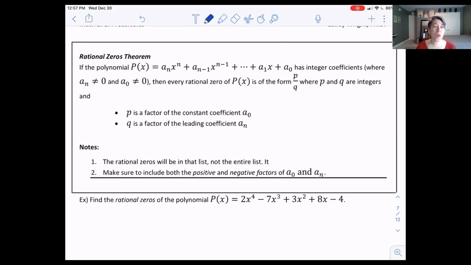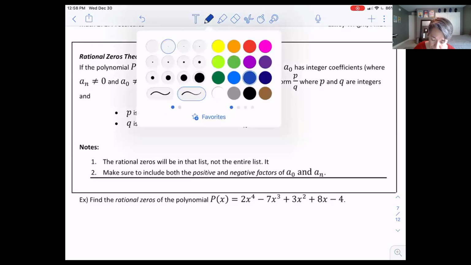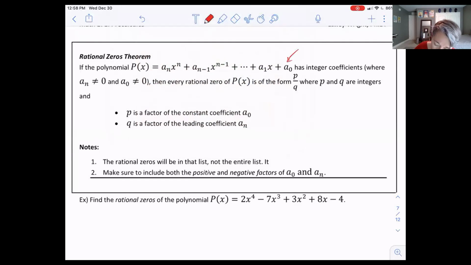So now we have the rational zeros theorem. If this polynomial p of x has integer coefficients, and the first term can't be 0, and the last term can't be 0, in other words, there is a constant at the end, we'll make that note: it must have a constant.